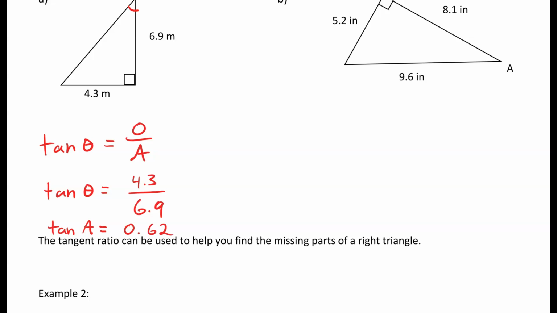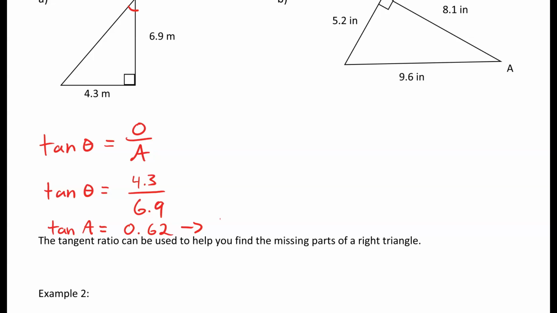0.62. Now remember, we're going to 2 decimal places here. If we were asked to turn this into the angle, then angle A would be equal to 32 degrees.